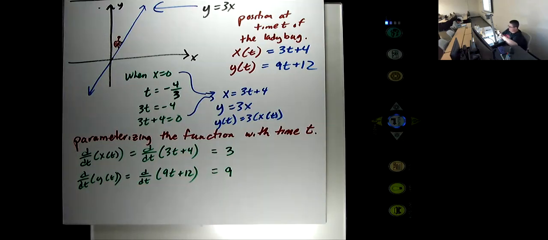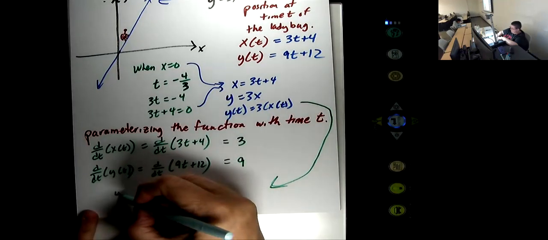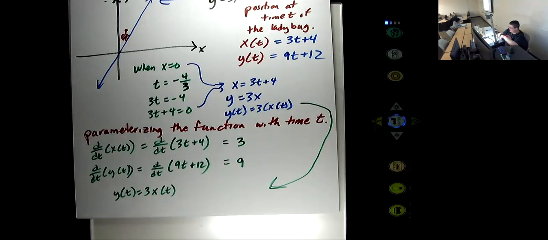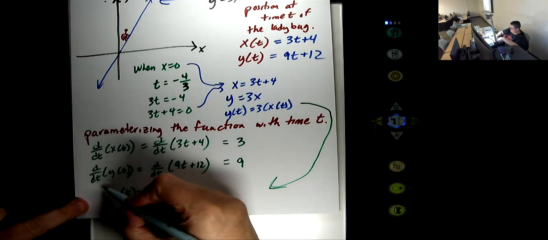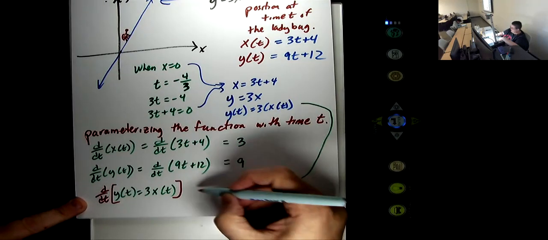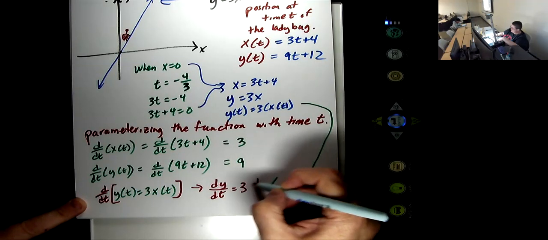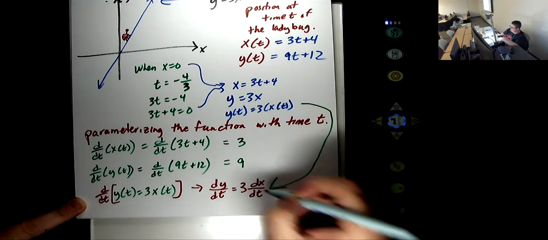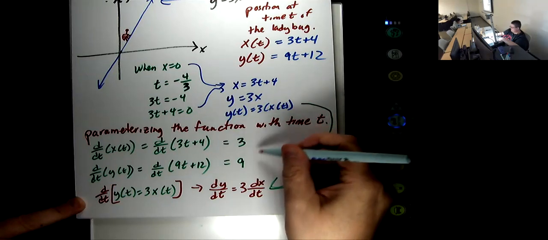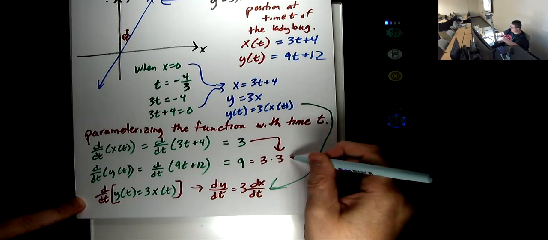If I look at them in terms of this equation, y of t equals 3 times x of t, and I do the time derivative here, I get dy dt equals 3 dx dt. And we can see that's true from right here. 9 equals 3 times 3, and that 3 is dx dt.